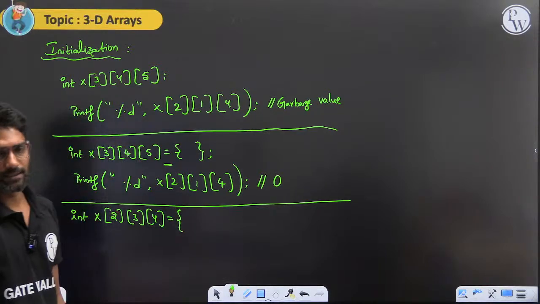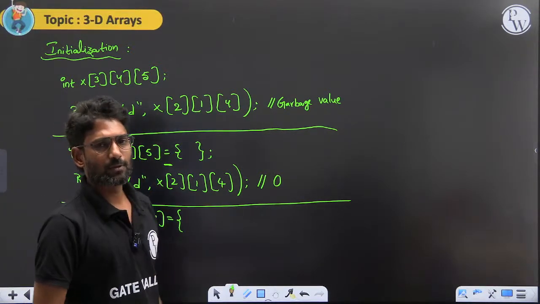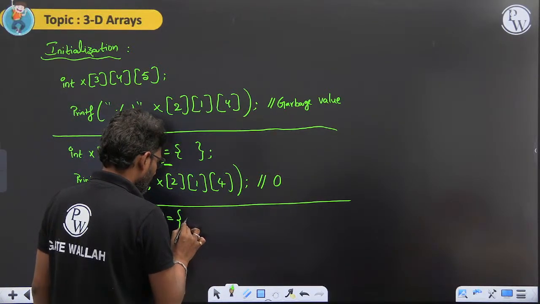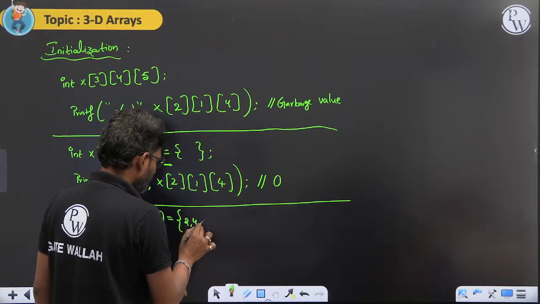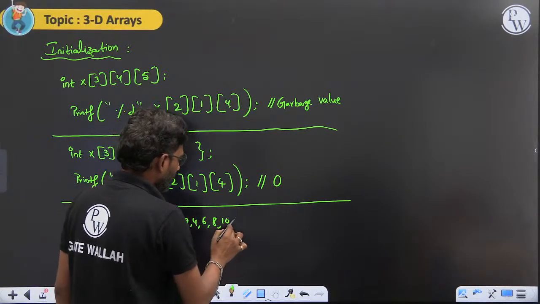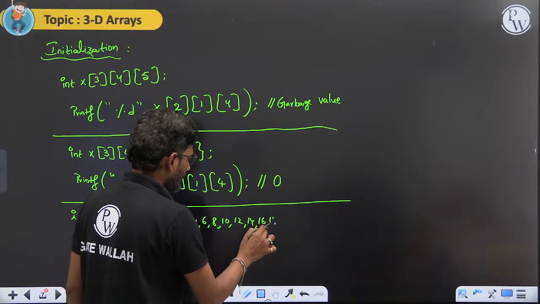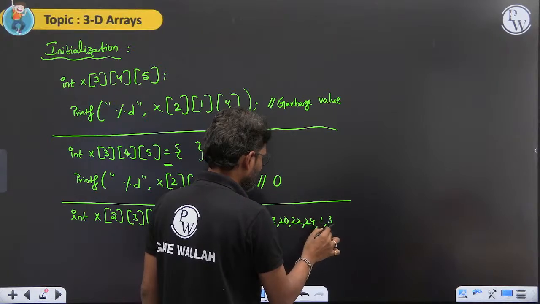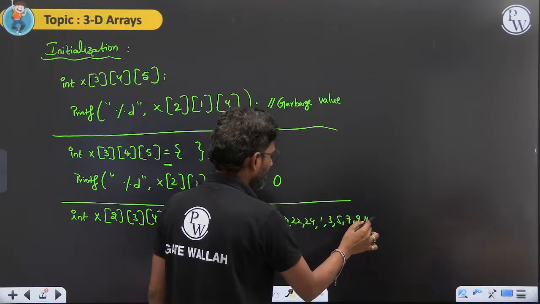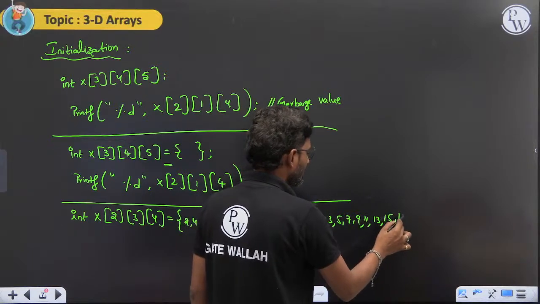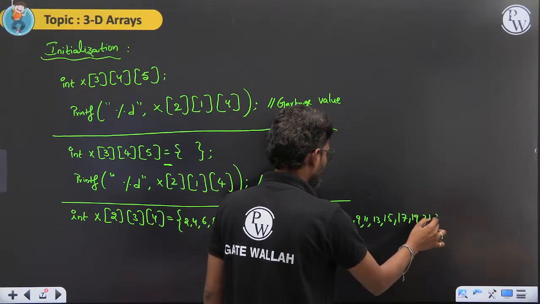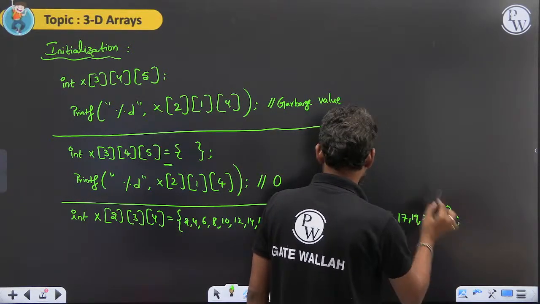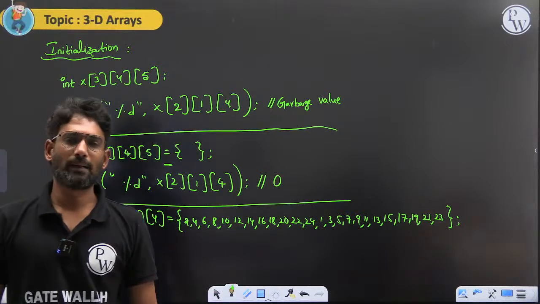One way to initialize is to give all the values separated by comma, like 2, 4, 6, 8, 10, 12, 14, 16, 18, 20, 22, 24, 1, 3, 5, 7, 9, 11, 13, 15, 17, 19, 21, 23. I have given all the values.